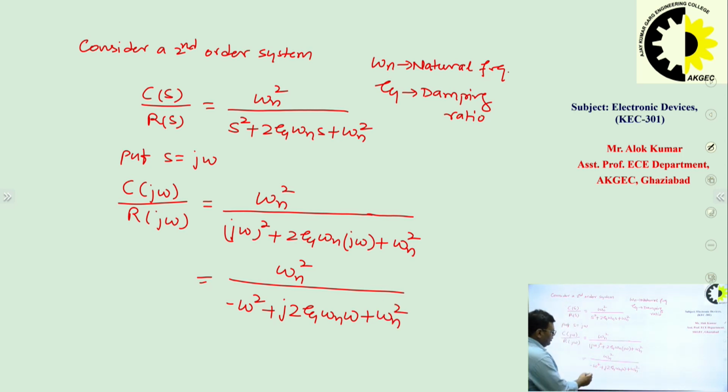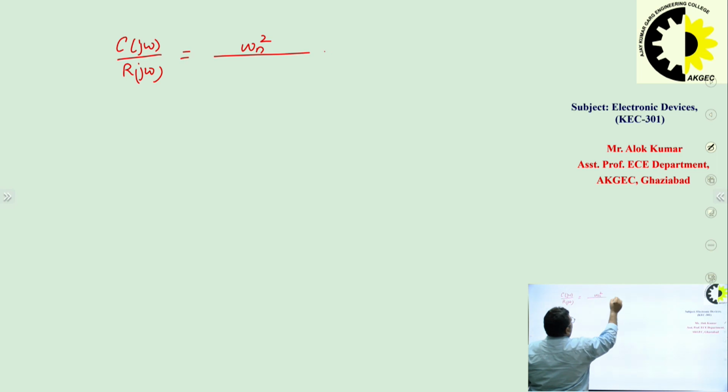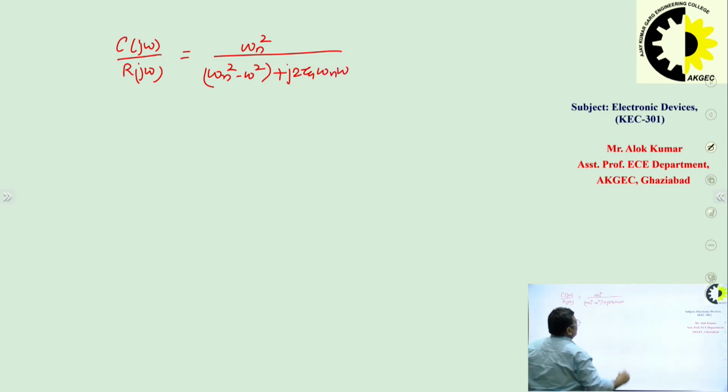Now this is the real part in the denominator, so we can write it as omega n square divided by omega n square minus omega square plus the imaginary part j into 2 zeta omega n into omega.